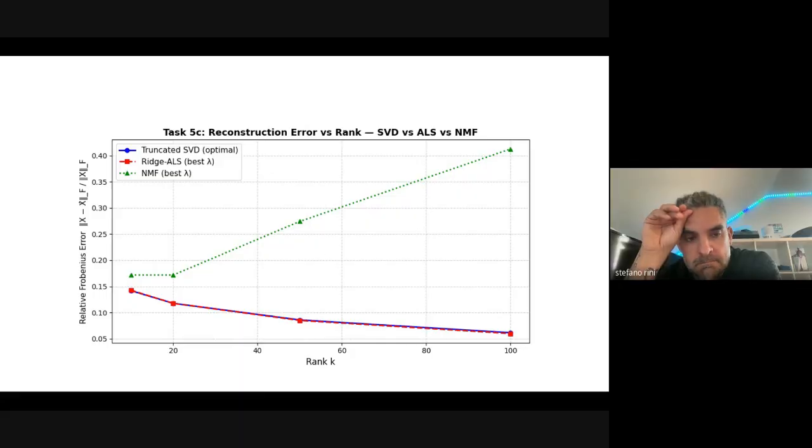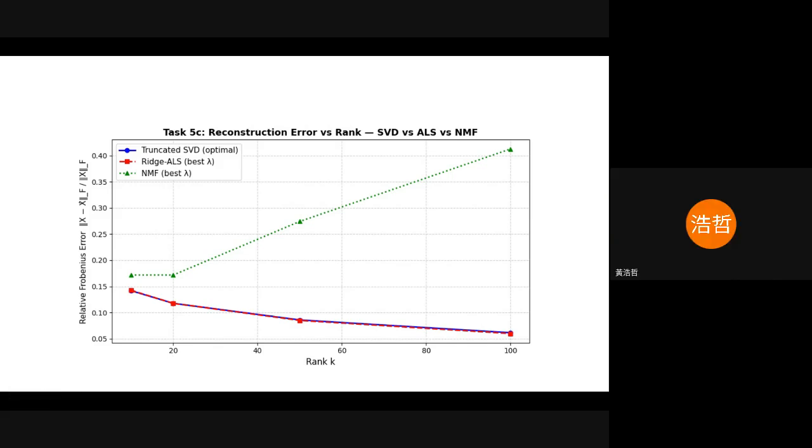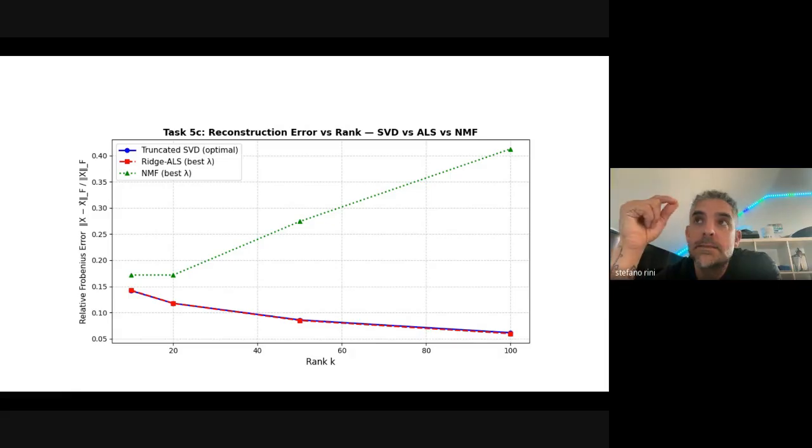Okay, so look at what happens at 20. What you can do is the following. You fix the first 20 bases. Then when you have to decide the new basis, you consider the error at 20 bases, and you use the next 20 bases to represent the error term of the previous 20 bases.